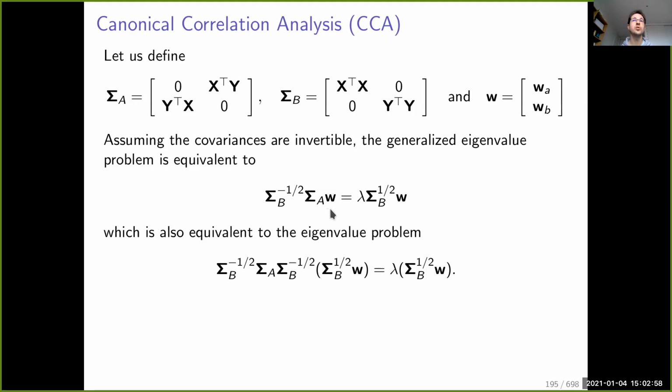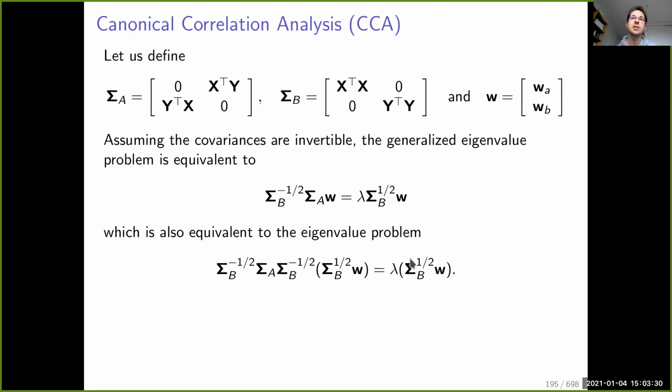And if I now introduce, between sigma A and W, the inverse square root of sigma B times the square root of sigma B, what I get is indeed an eigenvalue problem, which is what I wanted. Here I get this matrix on the left, and between parentheses I get a vector, and I want this to be equal to lambda times this vector.